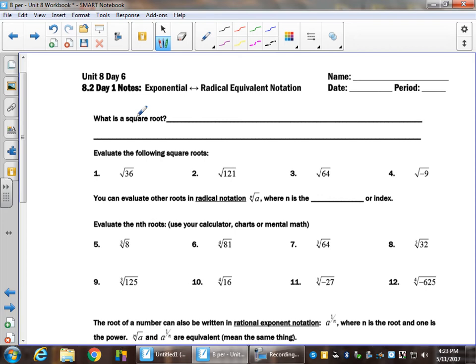Notice we're going to be focusing on this word exponential and radical and the fact that they're the same. So there's a connection between these notations that we're going to learn about today. What is a square root?